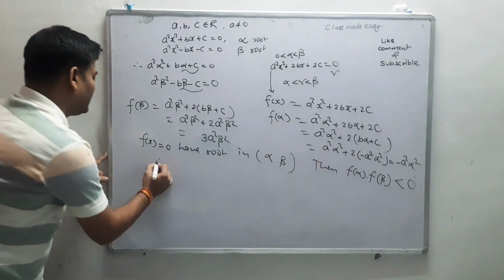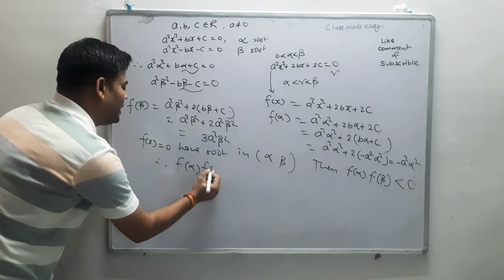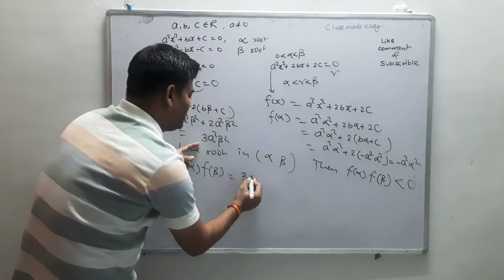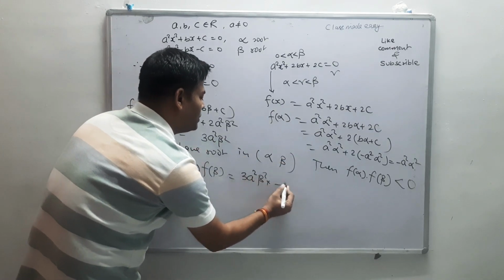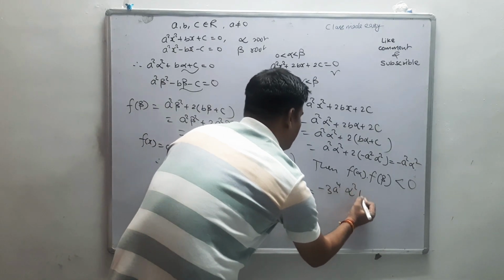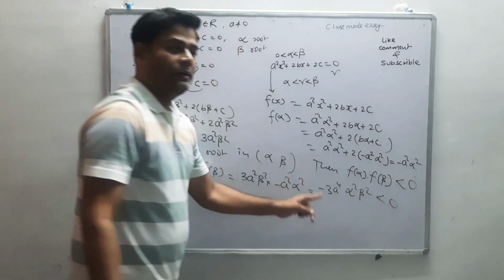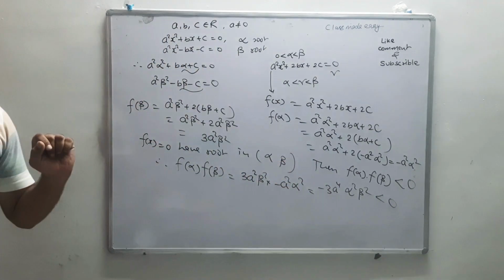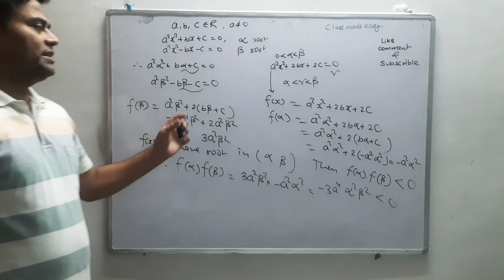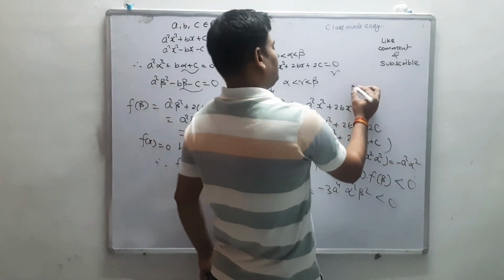So here the product of f(alpha) and f(beta) is 3a²β² times -a²α², which is less than 0. If a function has a root in the interval, then it changes its sign like this.